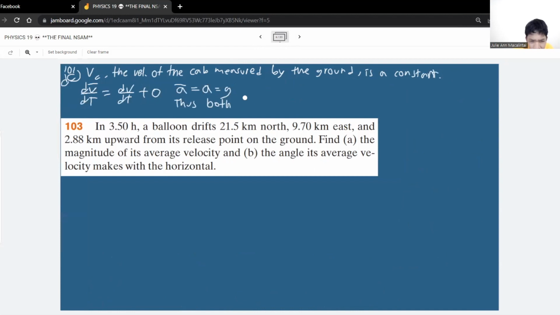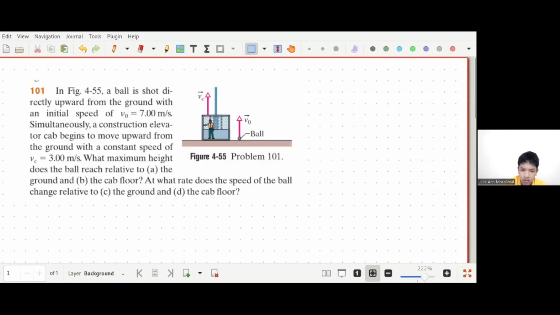Okay, so share ko yung given. Share ko muna yung screen ko. Ito. So this time, hindi constant speed. So let's assume na the cab, instead of being at a constant speed, is with an initial speed.